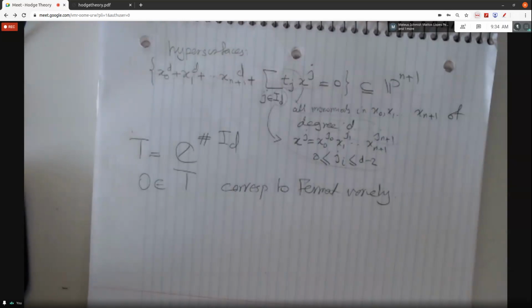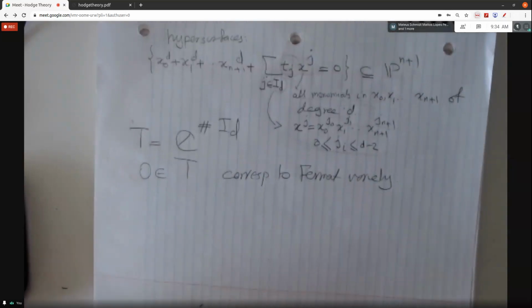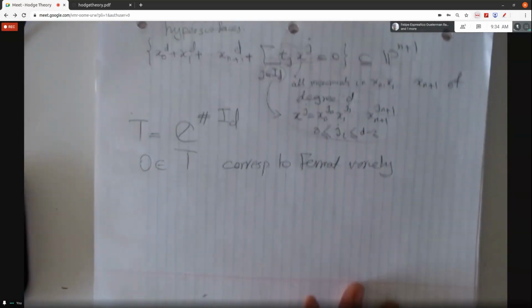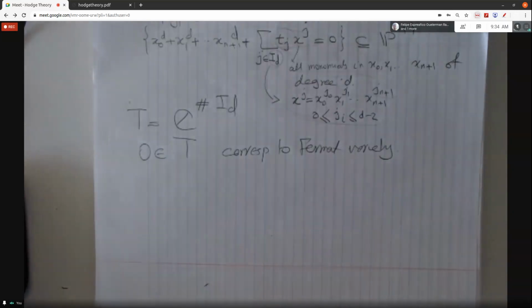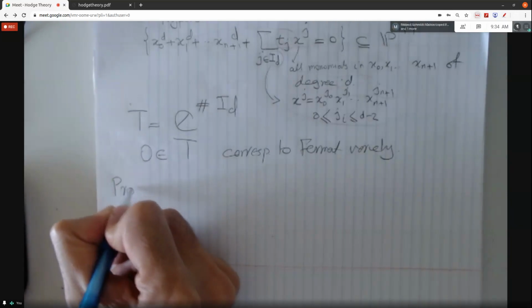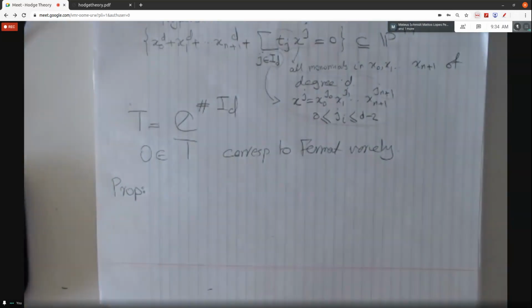Okay, so let's see. Now I need to choose sections of the cohomology bundle, and because I want to study the Hodge locus, we have to return to Griffiths' theorem. So maybe let's write this one as a proposition. Let me introduce a few notations.